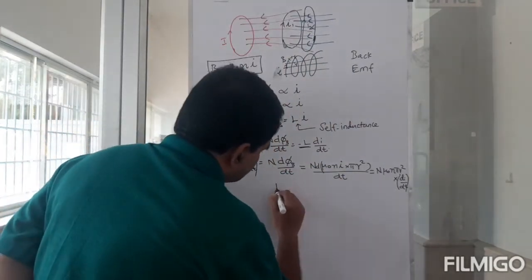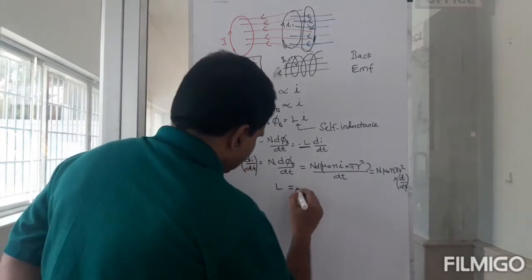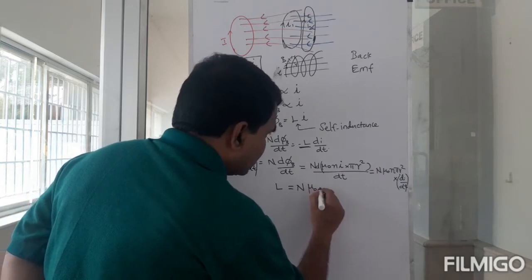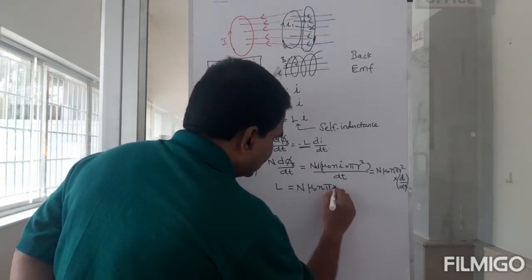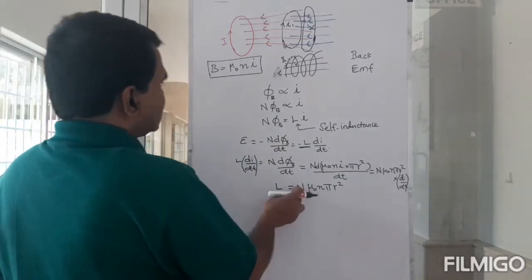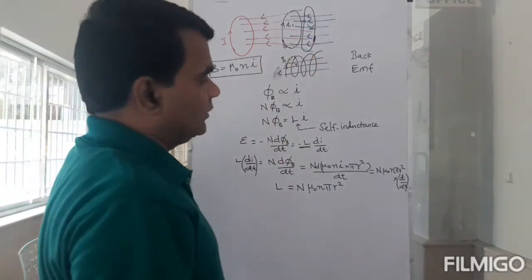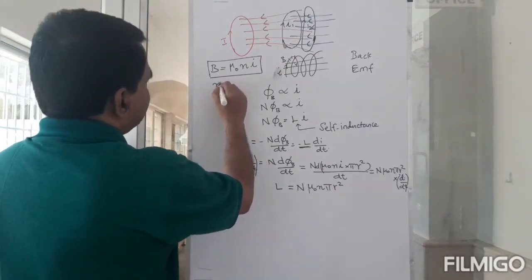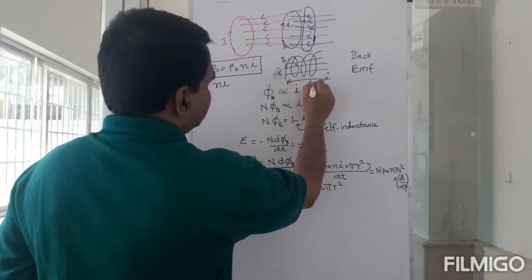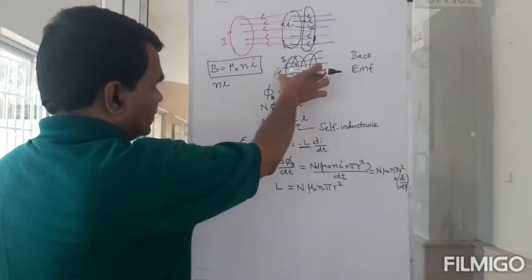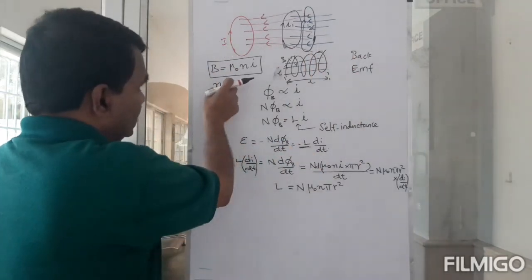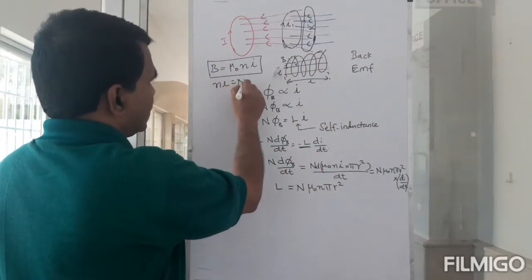So my self-inductance L must be equal to N mu naught n pi R squared. And what is N? N is the total number of turns. So that is nothing but n times the length. Suppose this is the length l of the coil, then n l is equal to the total number of turns.